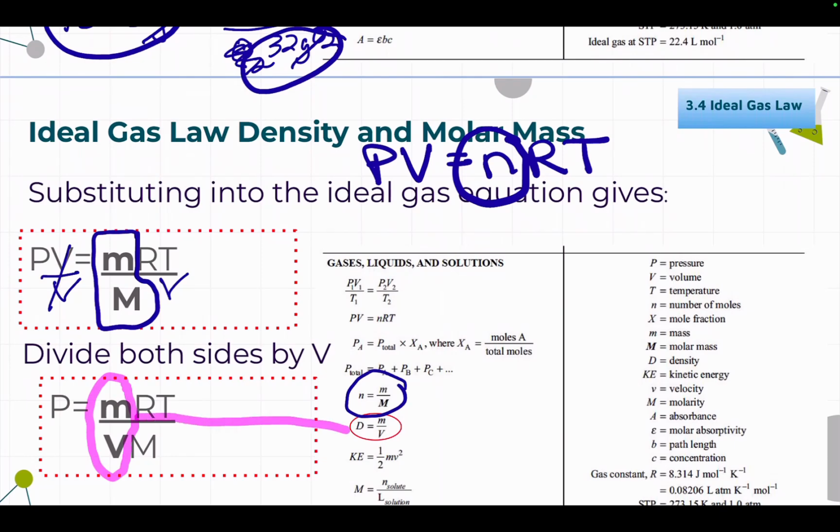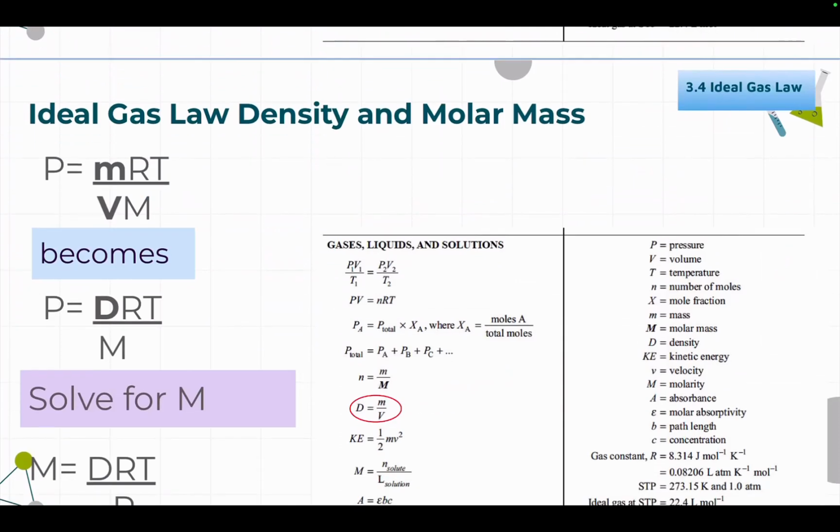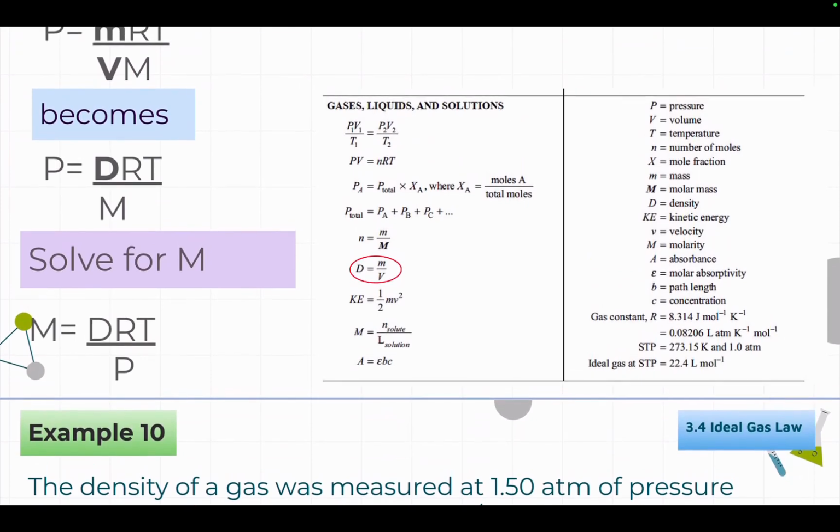So now I can substitute in density. So pressure equals the density of the gas times the ideal gas law constant times temperature over molar mass. And if I want, I can just rearrange that and solve for molar mass. So this is a pretty easy derivation of how you can take the ideal gas law and use it to solve for molar mass.